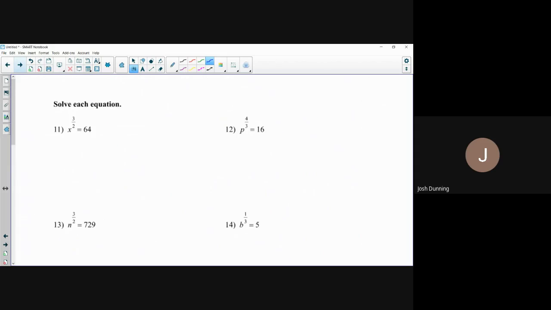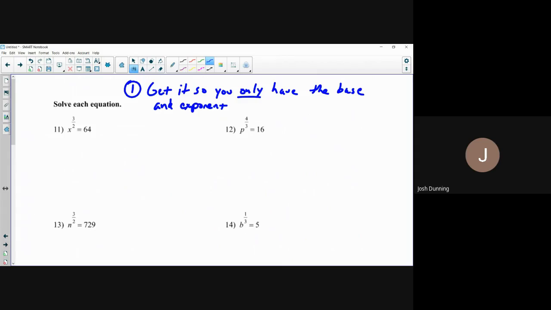Now, equations with them. What you want to do first off, if there's anything that is not part of the base, if there's anything that doesn't get the exponent, cancel it out.